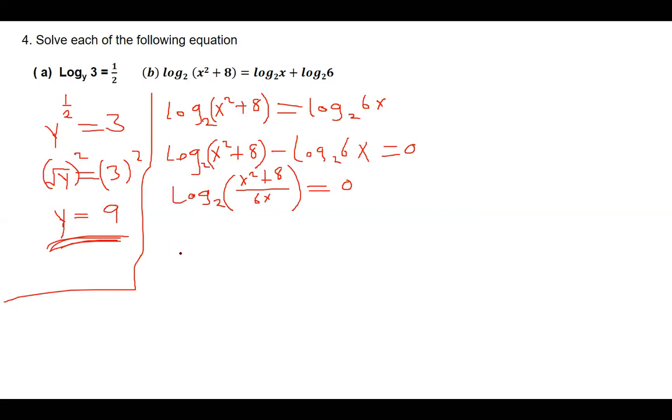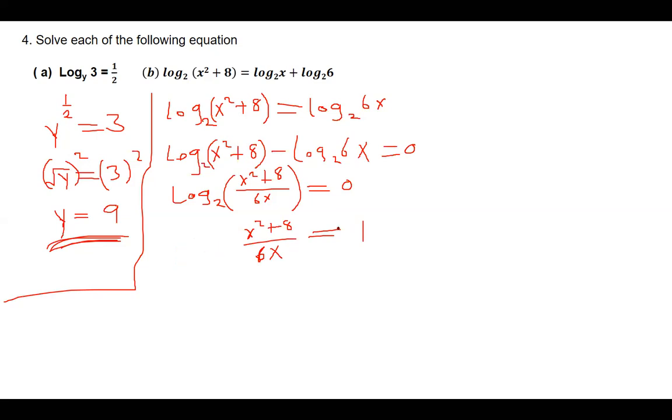This 2 raised to power 0 is equal to x squared plus 8 over 6x. Any number raised to power 0 is equal to 1. So where there is 2 raised to power 0, we can just replace with 1.